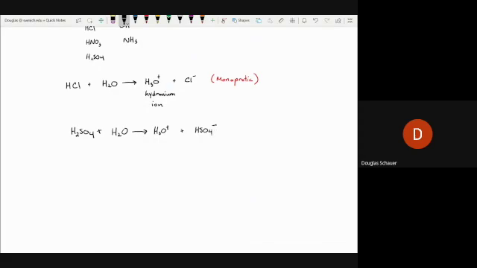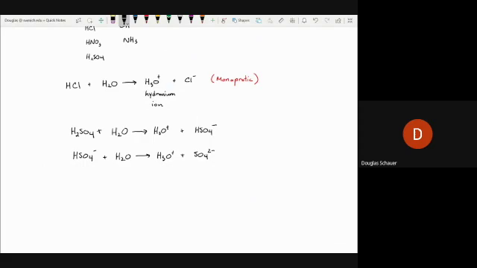Okay, once that first proton has come off, that HSO4 minus bisulfate can then go on to react with water again to produce more hydronium ion plus sulfate.